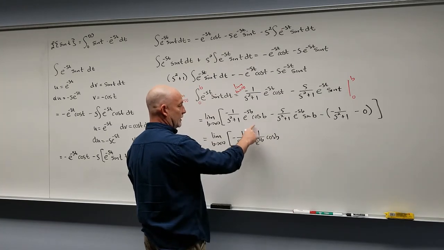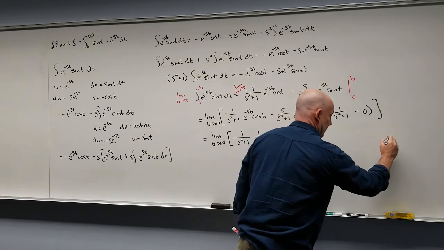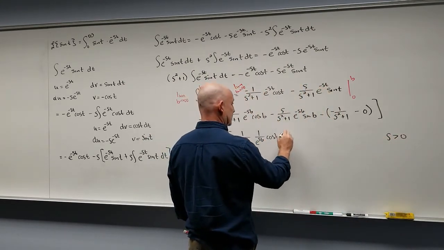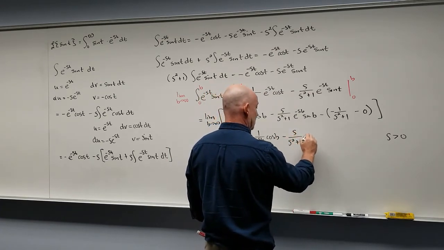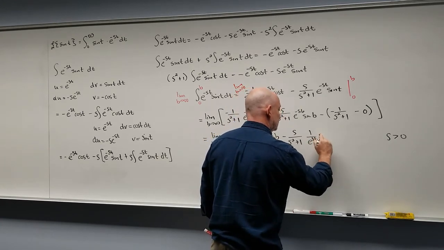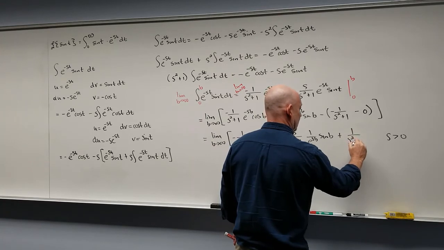Well, to go to the bottom, s here would have to be positive. So this is only going to be true if s is greater than 0. I want to do the same thing for this piece. That'll be s over s squared plus 1 over e to the sb sine b, and then plus 1 over s squared plus 1.